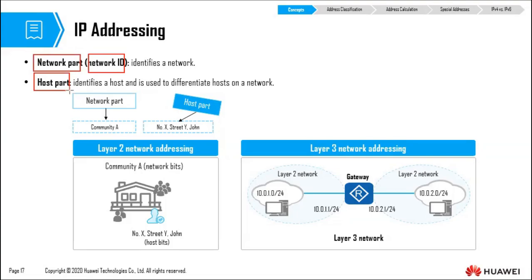Now, we know that with network addressing, we have to do the addressing both at what? Layer 2, so that the data can be transmitted via the data link, and we also have to do addressing at layer 3.